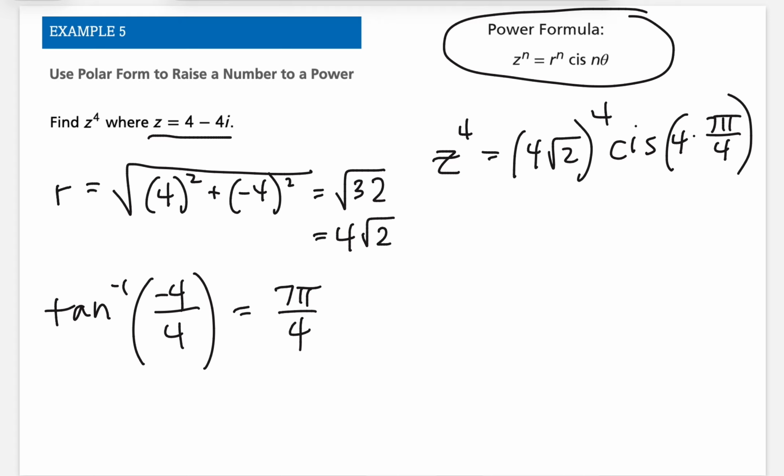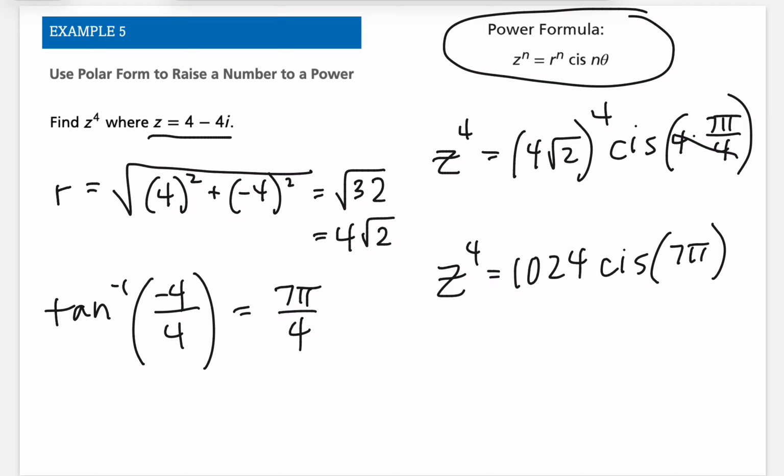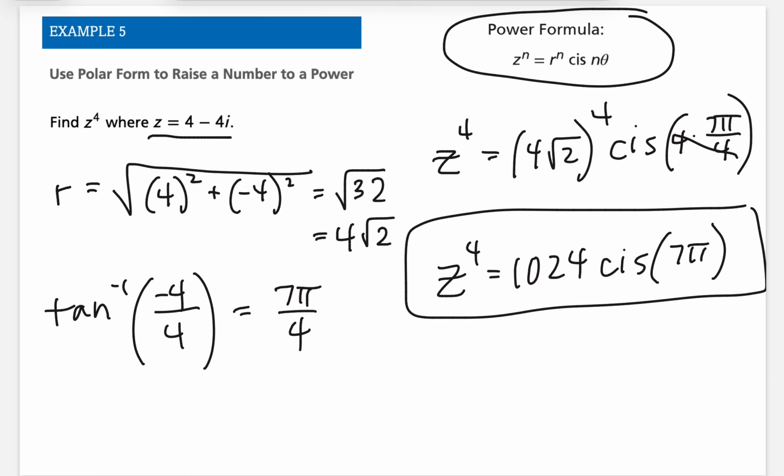So if I take 4 square root of 2 to the fourth power, I get 1024. And if I simplify my angle here, I can cancel the 4's and I end up with 7 pi. So that would be my final answer.